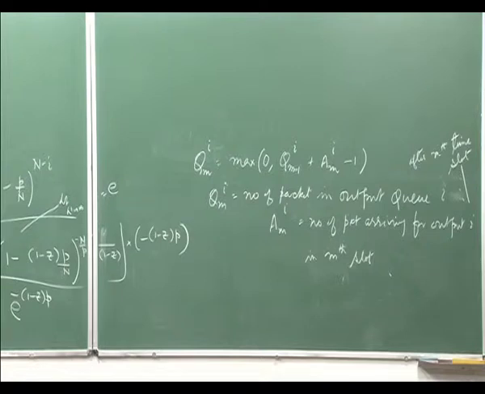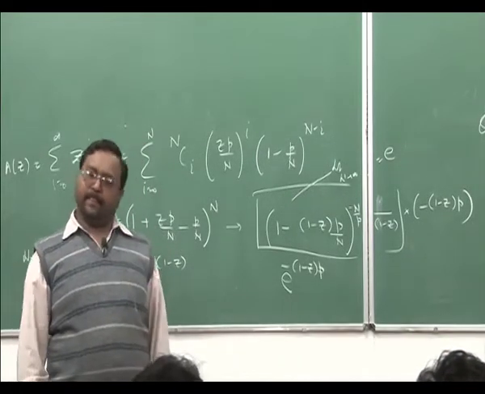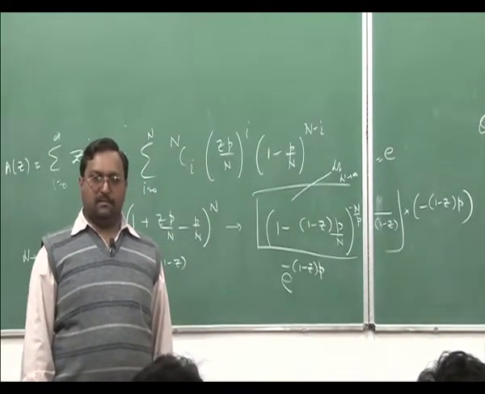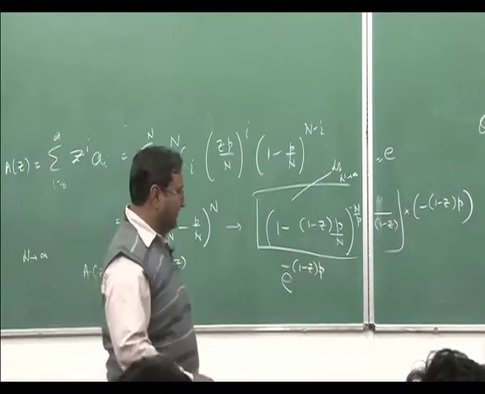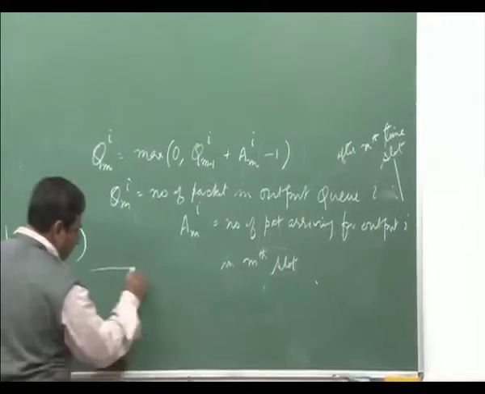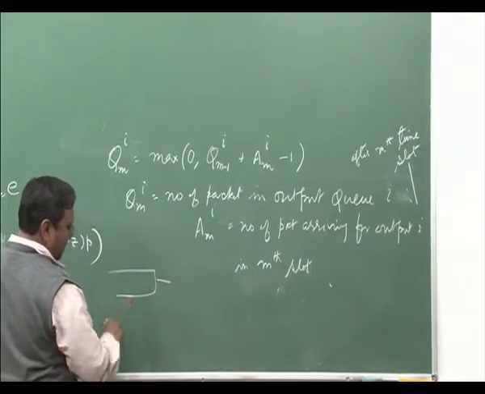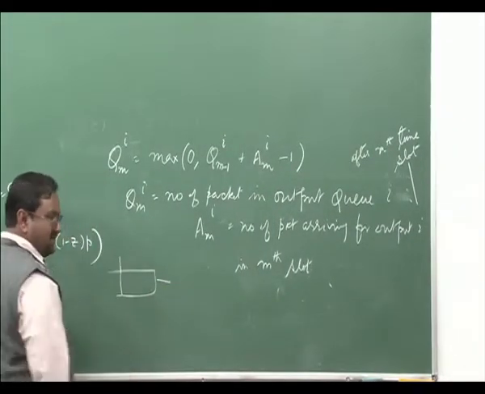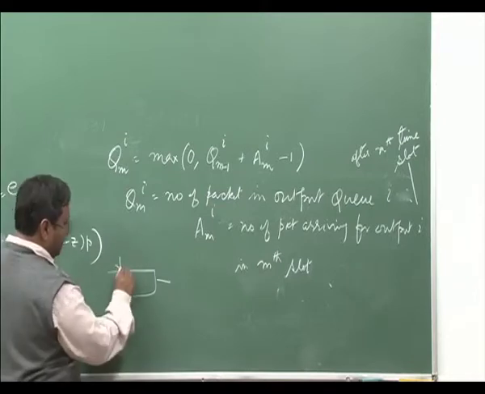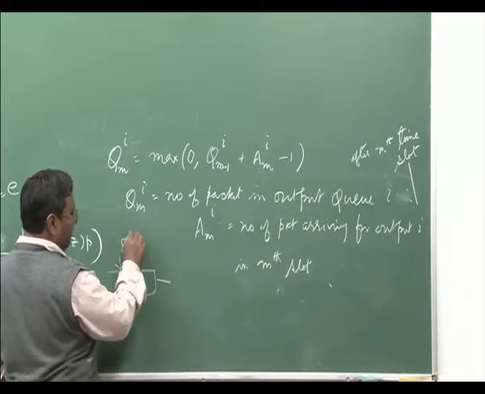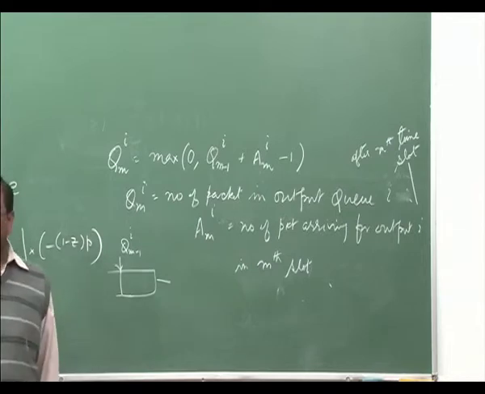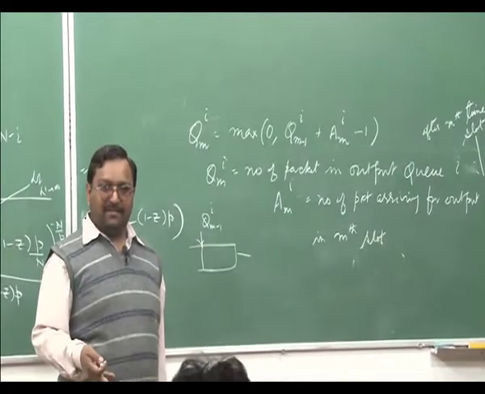Sir, if I am taking qm minus 1 in the summation term, here I am assuming that whatever packets are buffered up to m minus 1 slot, that can also come in the current m slot. So what is happening is, you have a queue. At m minus first slot there was some size. This size was q of m minus 1 I. In the mth slot, what will happen?